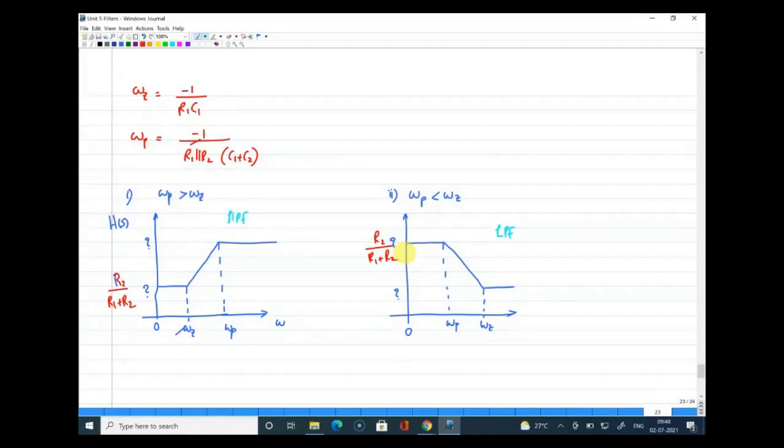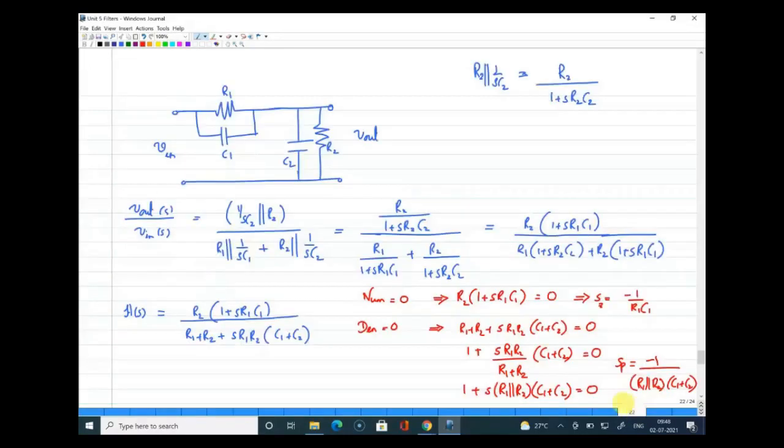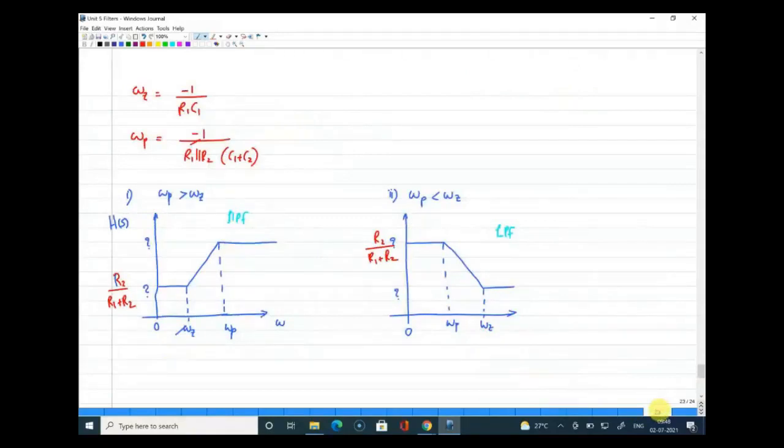Now at omega p, when you substitute omega p here, you can simplify this expression, and the magnitude at omega p, as you can work it out, is C1 by C1 plus C2, and similarly this value is also C1 by C1 plus C2. All right, I hope you understood what we have done. Any questions on this?